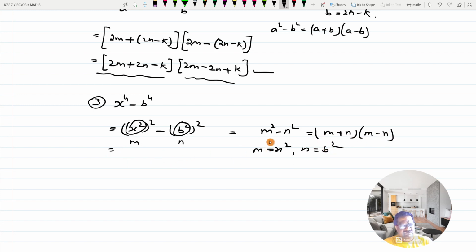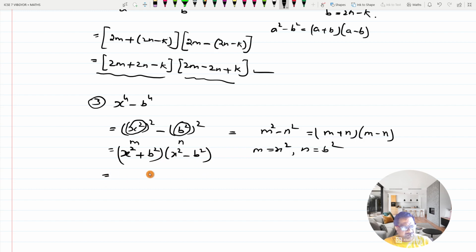Okay, so all you have to do is put in the values properly. So this is of the form m square minus n square, where m is this x square and n is b square. So factorization will be m plus n, that is x square plus b square, times x square minus b square.